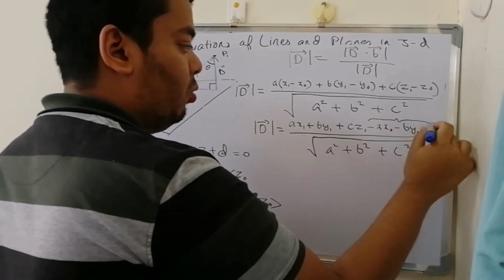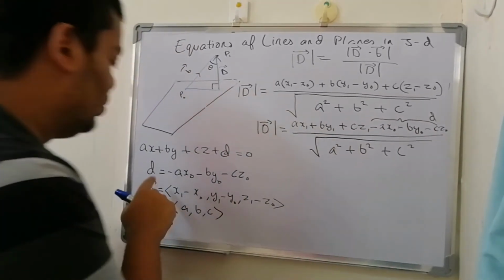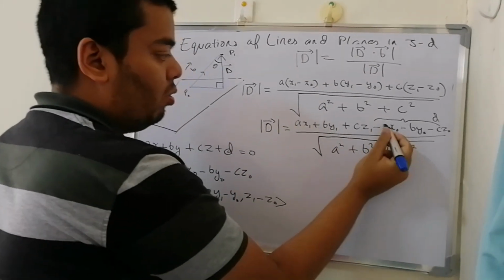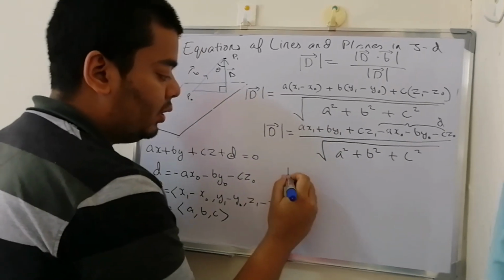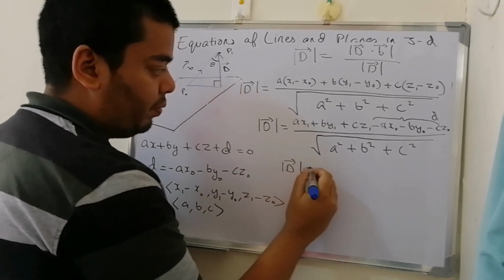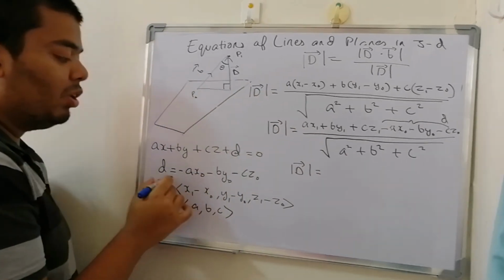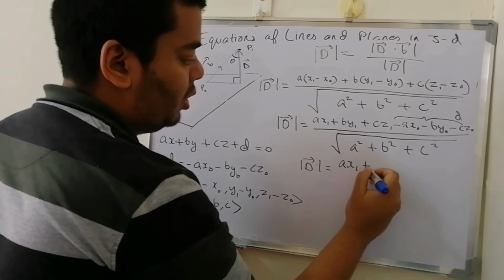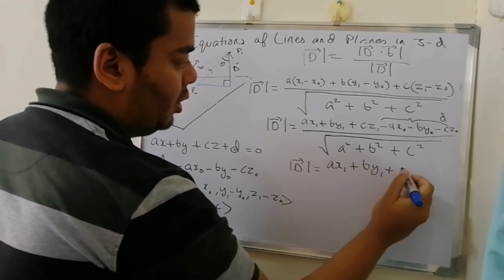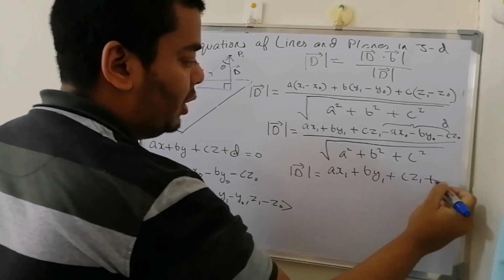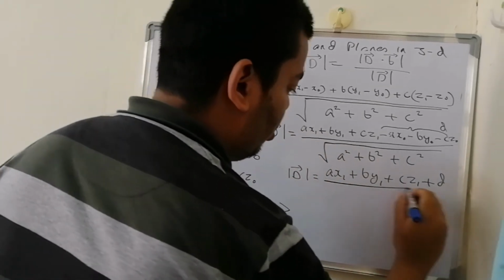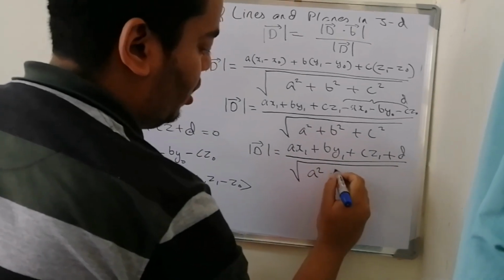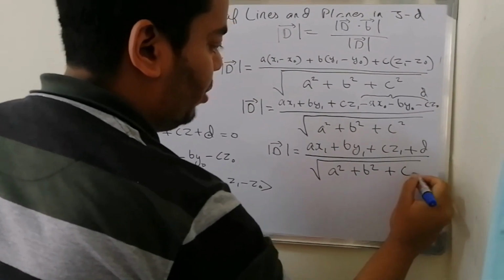This part, we know this is D. We have written it right here, and we already derived it before. So we can write this as AX1 plus BY1 plus CZ1 plus D over the square root of A squared plus B squared plus C squared.